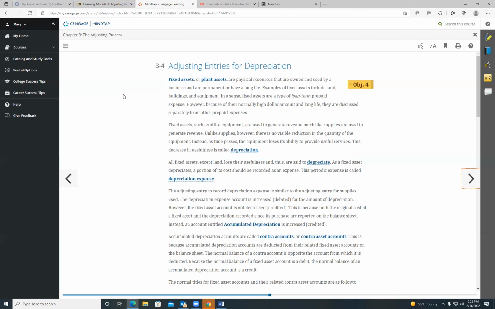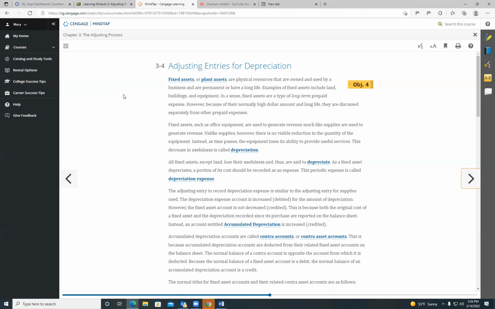Now, what you're doing is very similar to the supplies on hand, in that when the supplies are used, we do a credit entry to that asset account, reducing the value of that asset, and we debit the expense portion of that asset. So we credit supplies asset and we debit supplies expense. This is a very similar type of reduction of an asset, but we use two new accounts. We use depreciation expense and what's called accumulated depreciation.